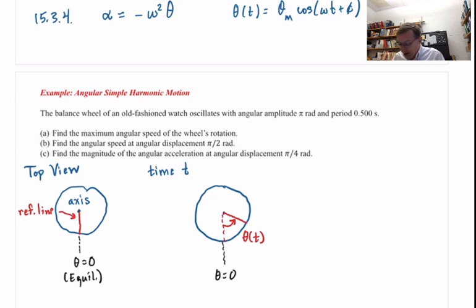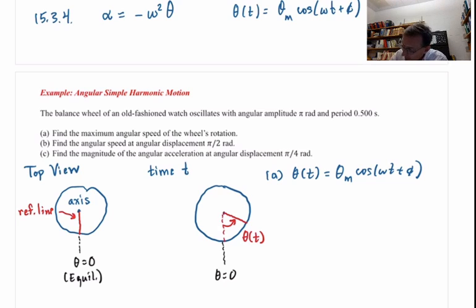Okay? Now it's changing with time. So that whole thing is rotating either clockwise or counterclockwise. It's oscillating. So sometimes it's clockwise, sometimes it's counterclockwise. And in fact, the equation that relates that angular displacement as a function of time is the one I just wrote down for angular simple harmonic motion. Theta max cosine of omega t plus phi.